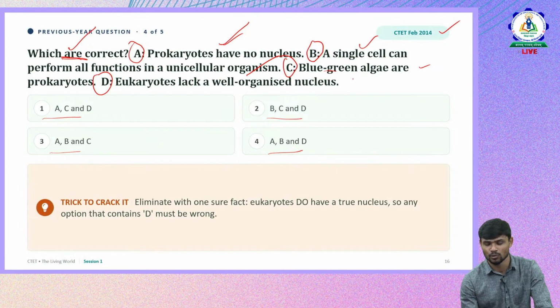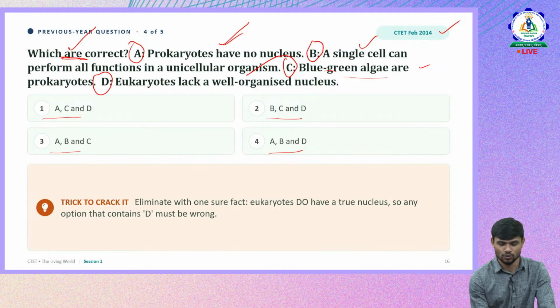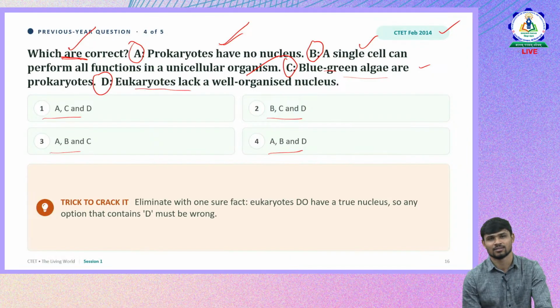Then option C, blue-green algae are prokaryotes. Yes, they are prokaryotes, because the other name of blue-green algae is cyanobacteria. Bacteria is prokaryotic in nature, because they are the simplest and the oldest organisms on the earth. Then, eukaryotes lack a well-organized nucleus.